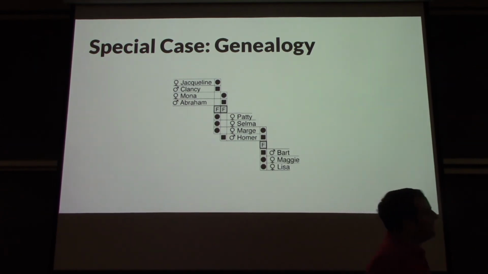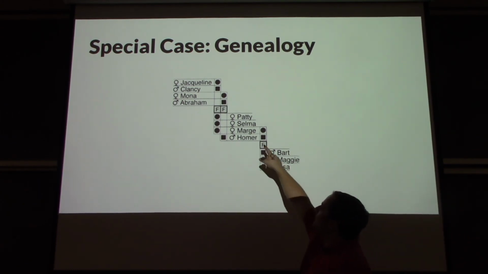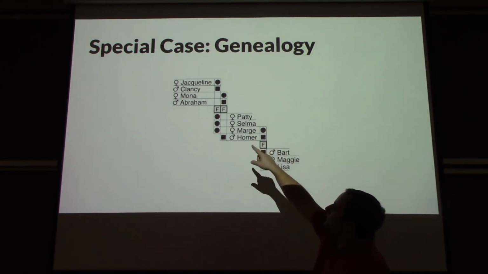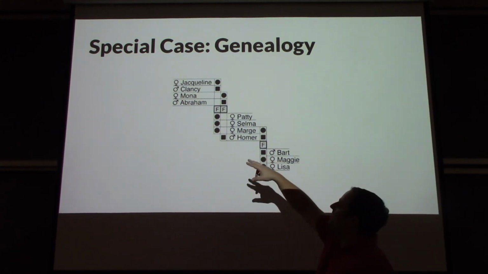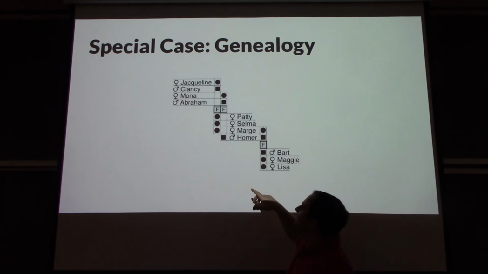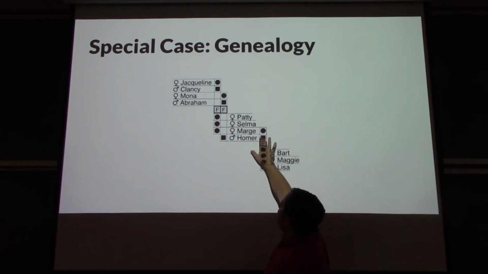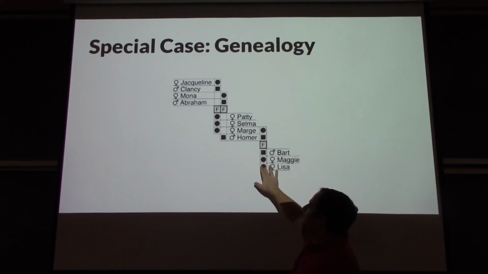A special case of such a matrix layout is a genealogy graph. So this is a genealogy of the Simpsons. You can see Marge and Homer here, Bart, Maggie, and Lisa, Patty and Selma, and then the parents of Marge and Homer up there. The way this works is that a nuclear family is always represented in one column here.